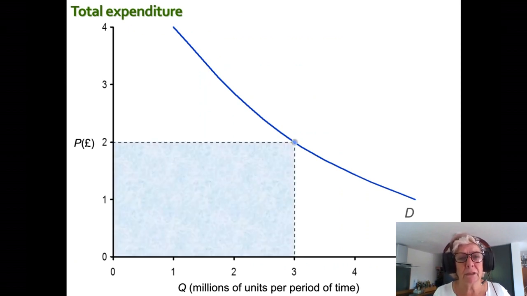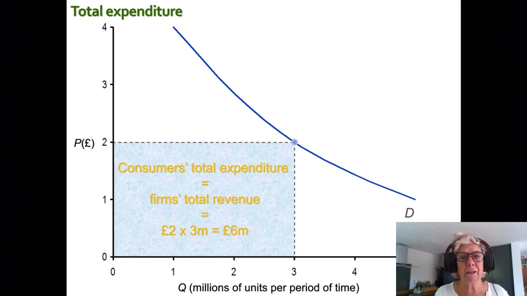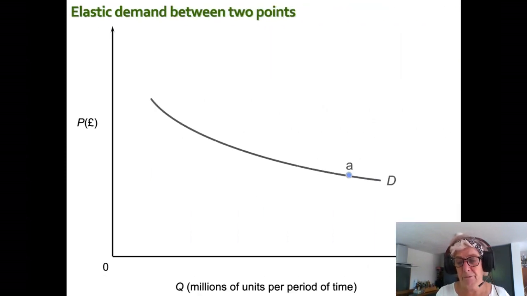Here we have a demand curve, and we can see the consumer's total expenditure. The price is £2. 3 million units of this product are demanded over a period of time. So the total revenue, which is the same as the customer's total expenditure, is £6 million.